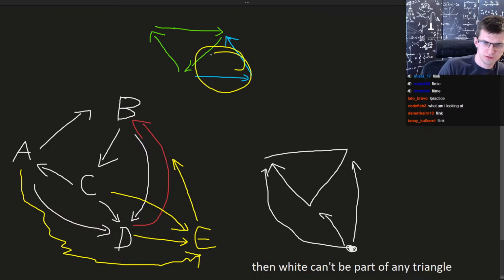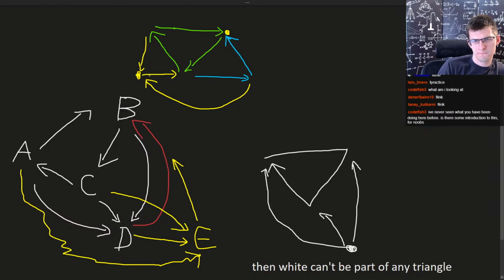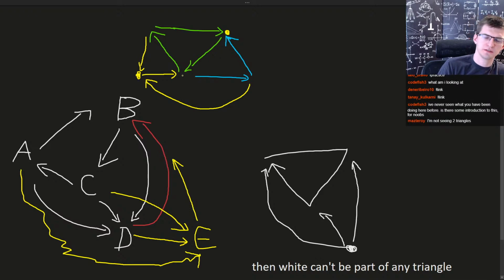With blue it needs to create one more triangle. Does it matter how those two are connected? It seems that it doesn't matter.